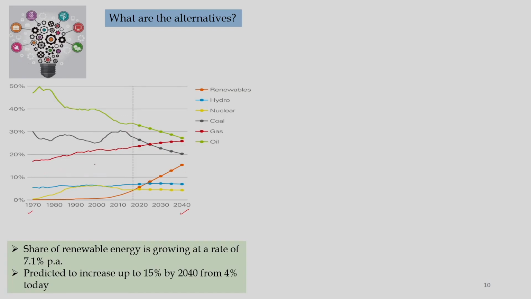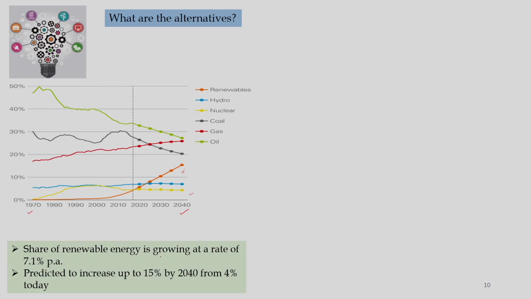And gas, of course, will increase, and hydroelectric is almost constant and it is predicted that this will slowly grow, and nuclear is almost constant now and it will remain so as per the predicted models. But as you can see, renewable energy will grow and it will be in the driver's seat, looking into the environmental problems and sustainability.